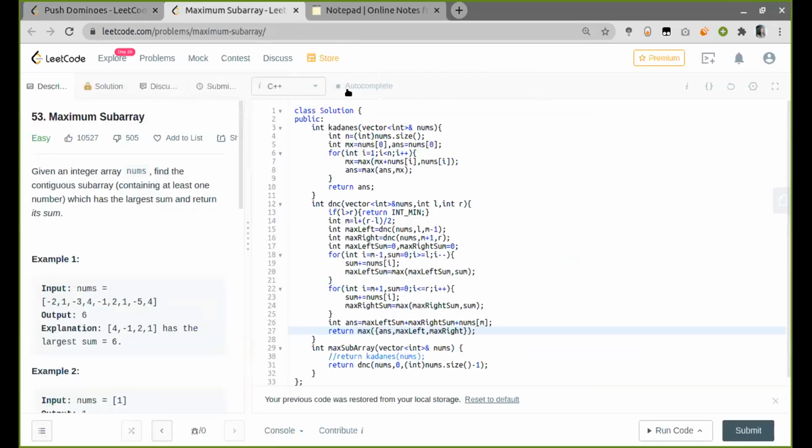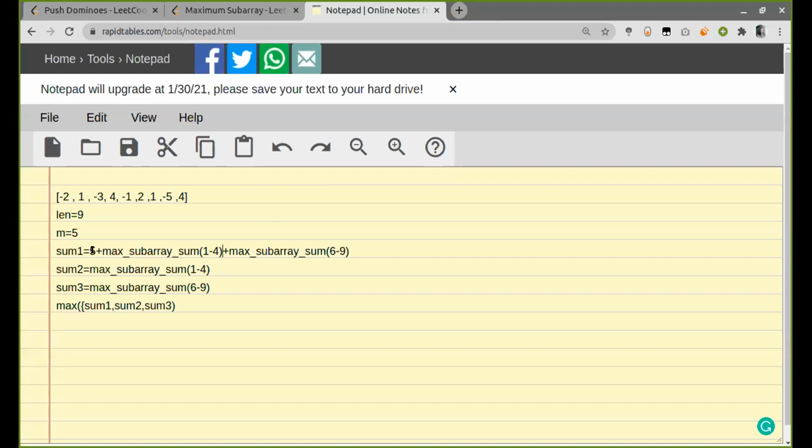So in the explanation, for 5, the fifth element is -1. So we will be including -1 in the first one, and the max subarray sum in the range 1 to 4 will be starting from here. So 4, first we will check if we can include 4. It is maximum, so we will include it.